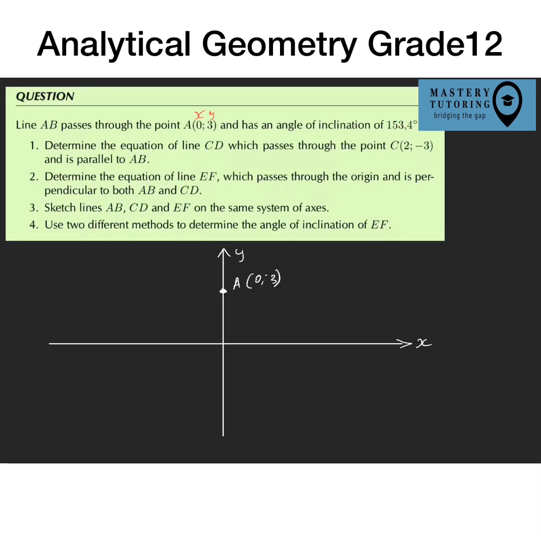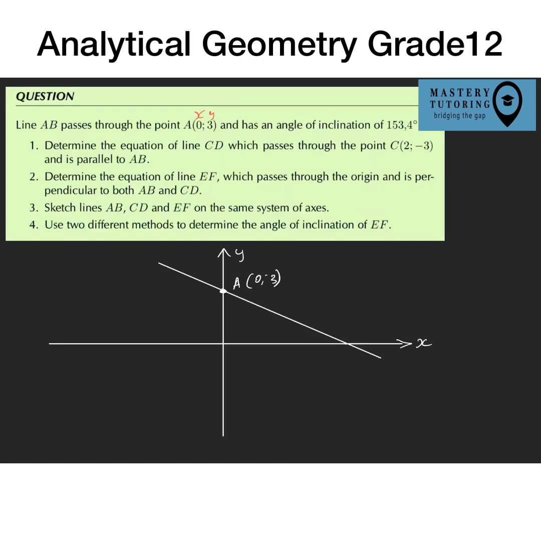It guides us, because the angle of inclination is measured from the positive x-axis. Drawing that line, it will cross at that point. I have to make it longer, so let me make it pass through point A.